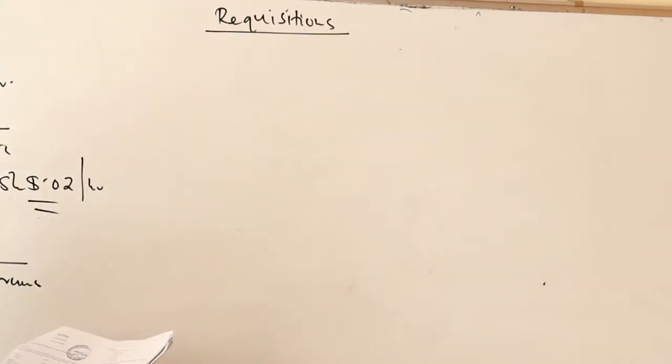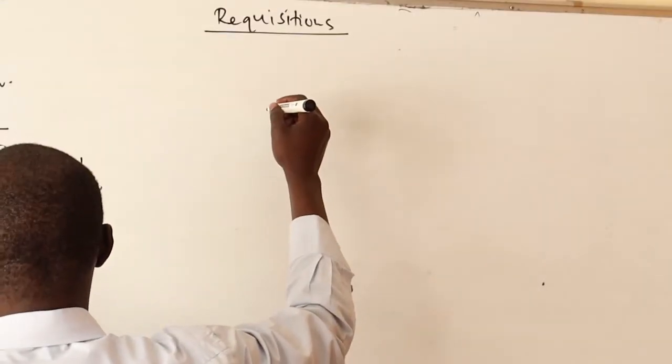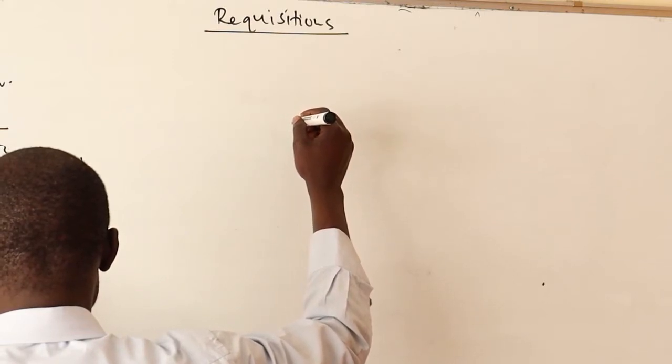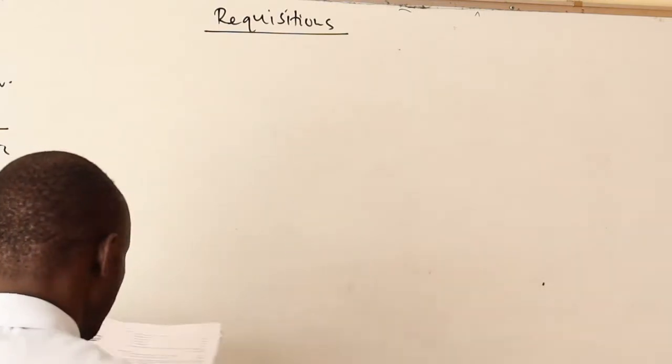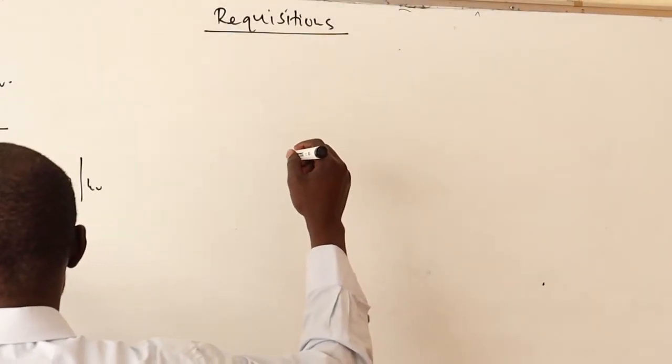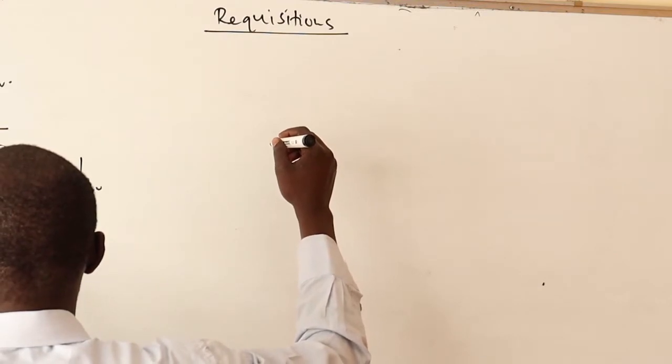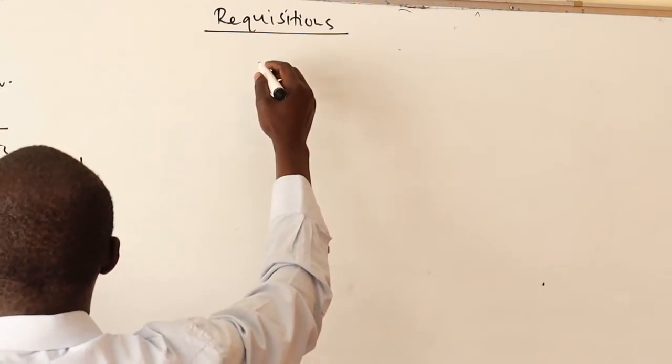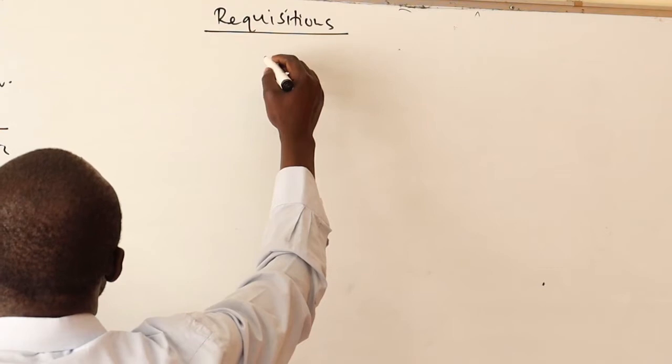In note number 4, the requisitions raised during the month were 20 units for each product, while the orders executed were in batches of 20 units for each product. So we are going to divide.